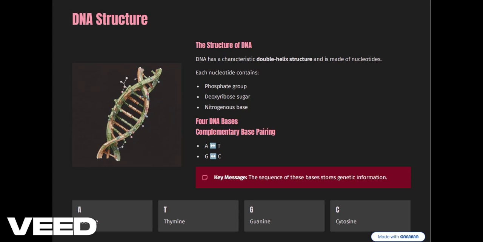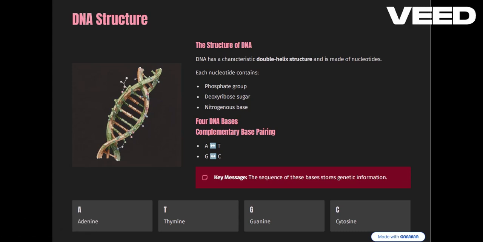Adenine pairs with thymine, and guanine pairs with cytosine. The sequence of these bases, A, T, G, and C, stores genetic information. This sequence is extremely important for NGS because sequencing technologies ultimately determine the order of these nucleotides.